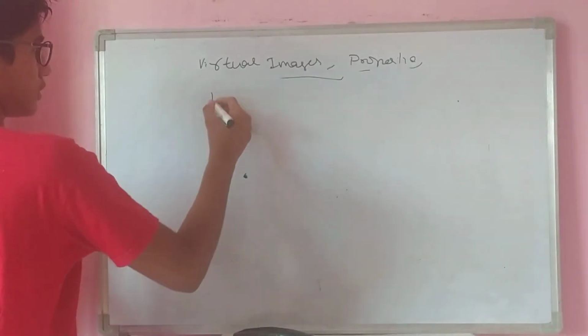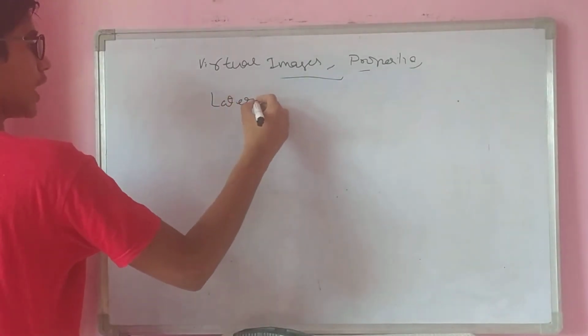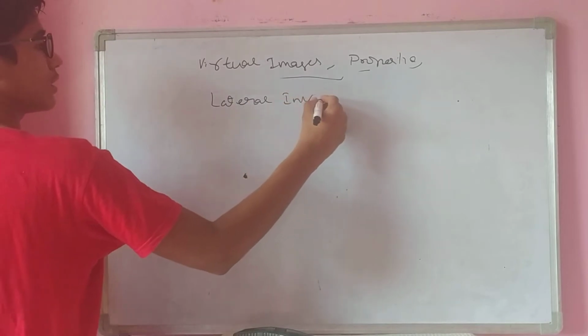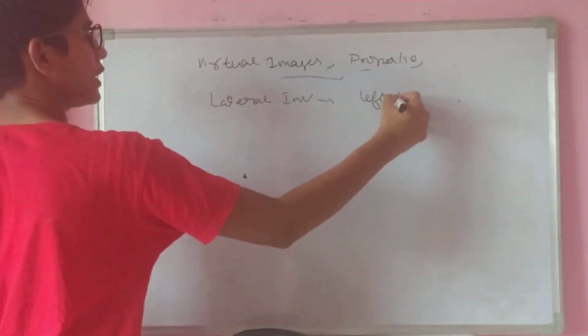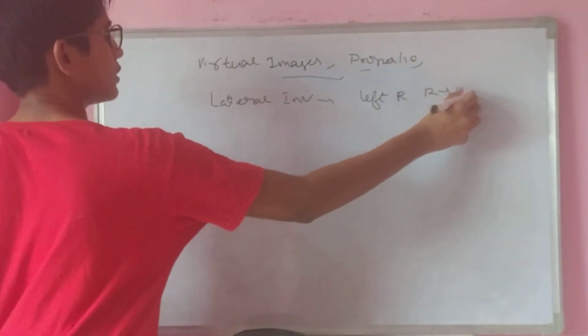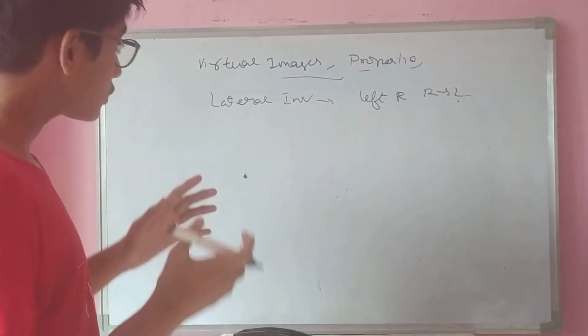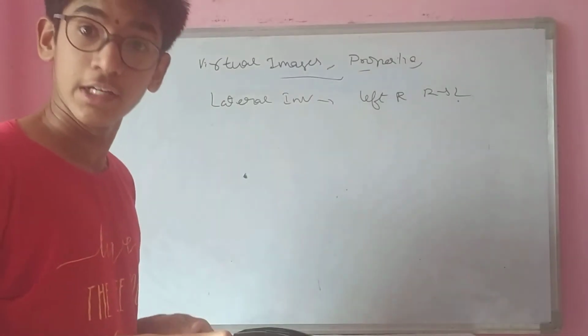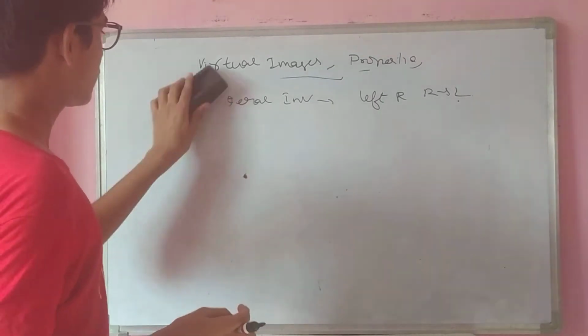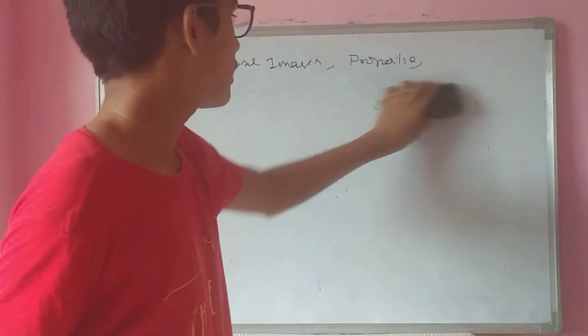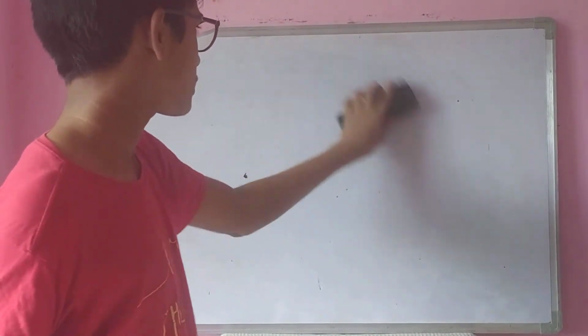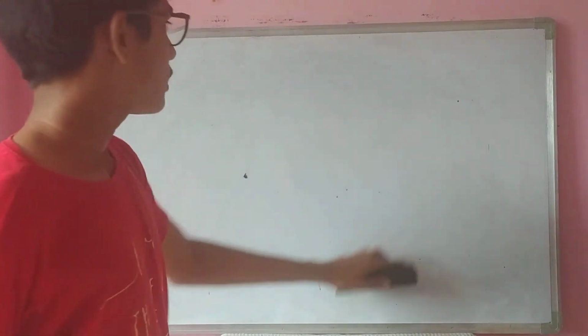And also lateral inversion. Lateral inversion in the sense left becomes right, right becomes left, right? This is the property. And also we had discussed different illustrations and examples.